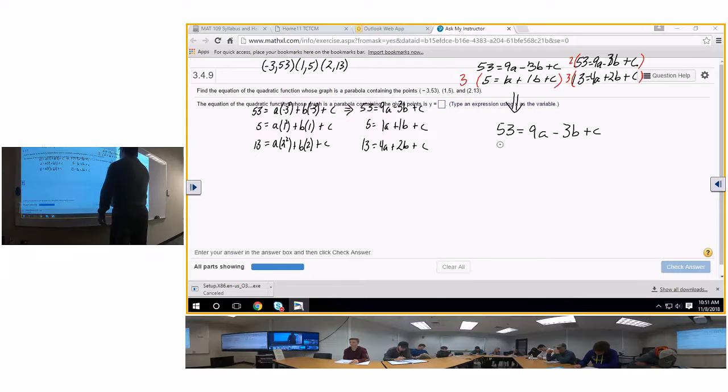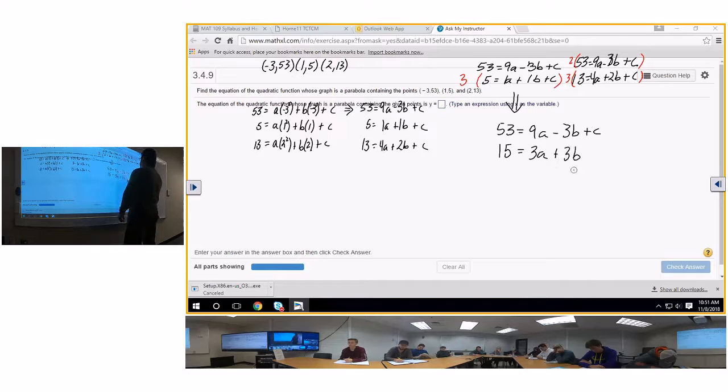Three times 5 is 15. 3 times A is 3A. 3 times 1 is 3B. 3 times C is 3C.